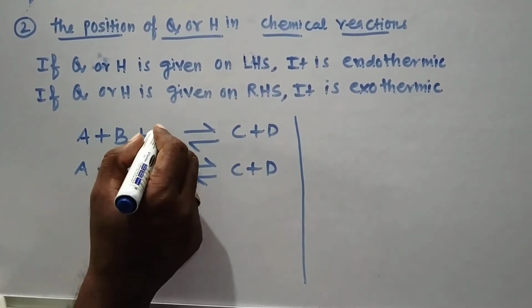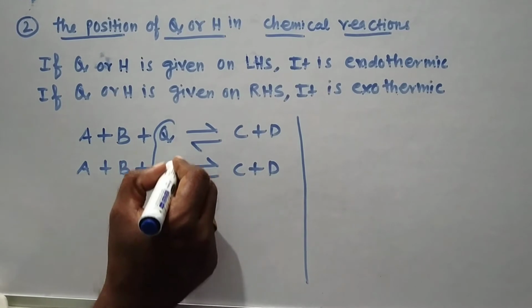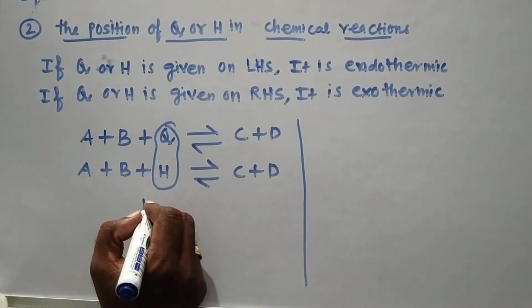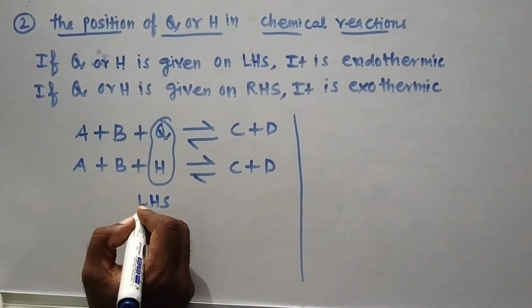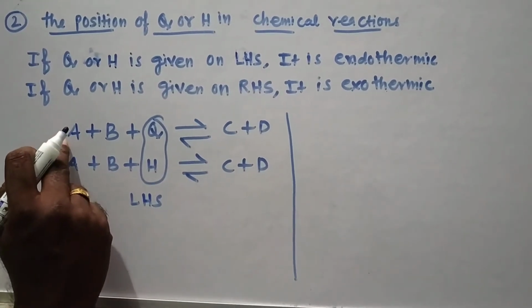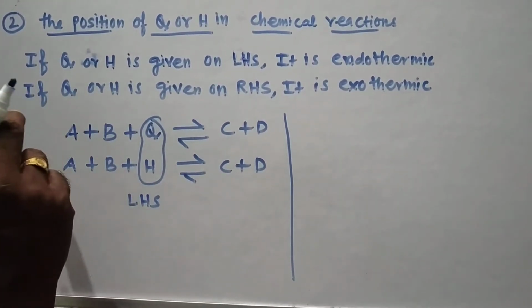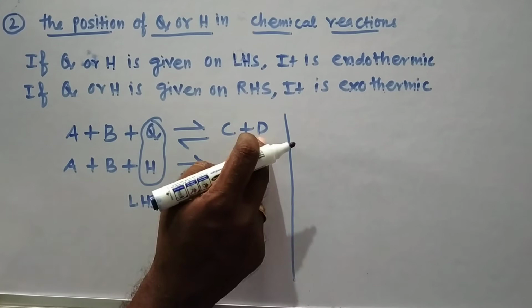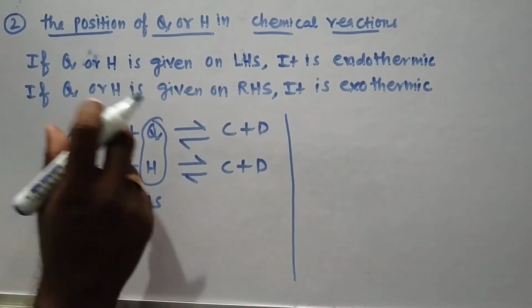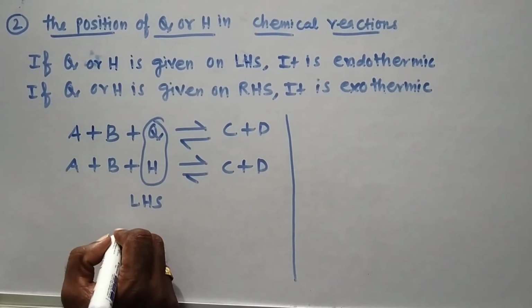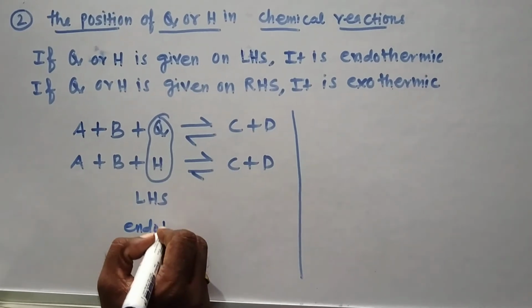In these reactions Q or H is given on the left hand side. Left hand side means the reactants A and B absorb heat energy to form the products C and D. Therefore, it is definitely endothermic in nature.